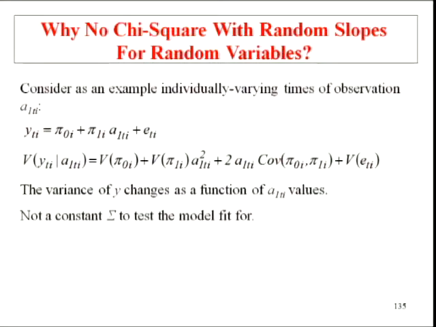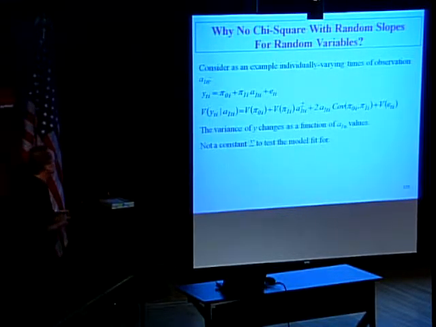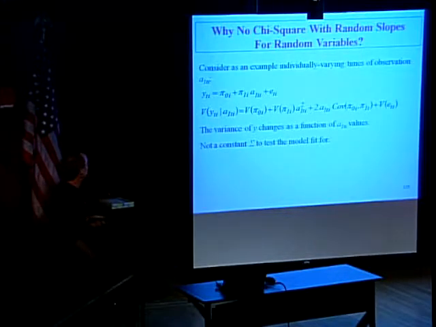But if you run any multi-level program like HLM or MLWin, you never see them. Which is a blessing because they're usually bad, but they are depressing, but they nevertheless are of value, and they could be used for many, if not most, multi-level models. Why don't we see them?